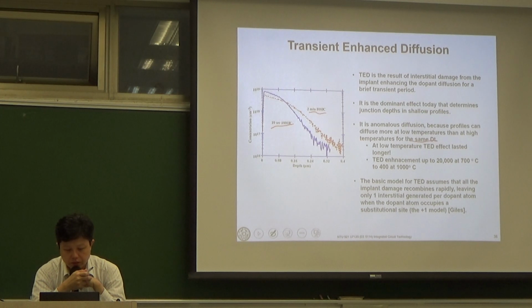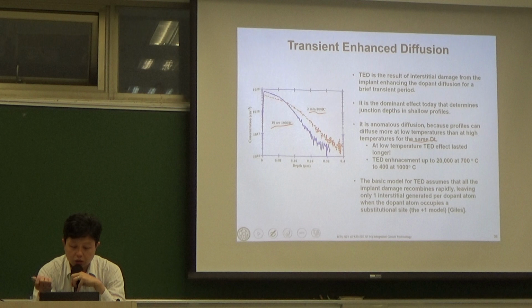Okay, so that's because the implantation creates damage, and that damage will form a kind of new species with the dopant, so that it can move faster with a higher diffusion constant. Because at lower temperatures, those interstitials can exist longer than at higher temperatures.